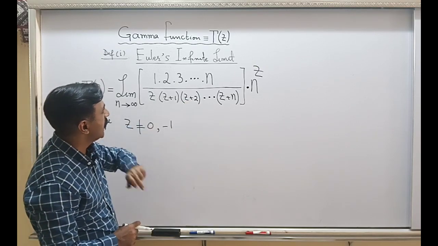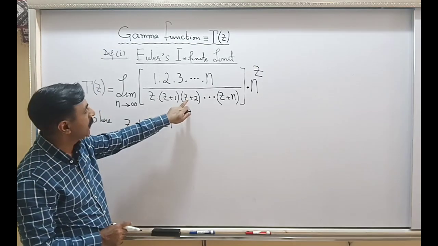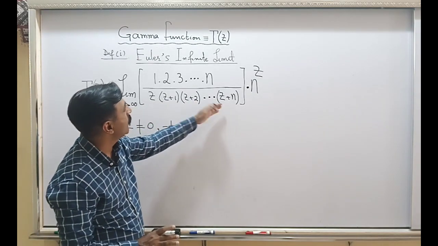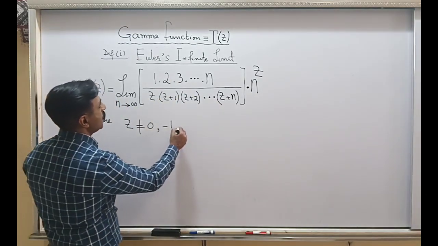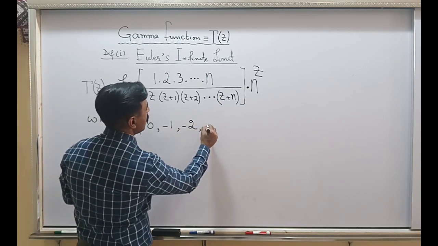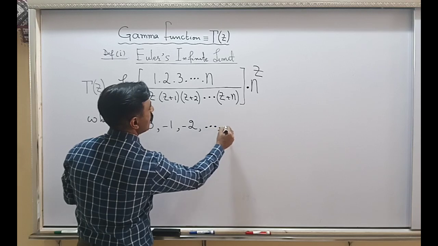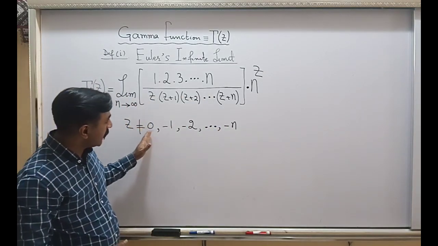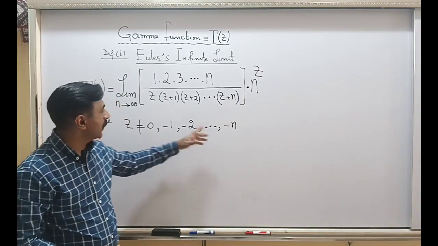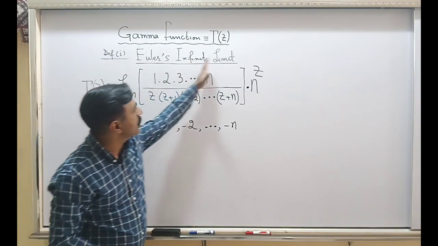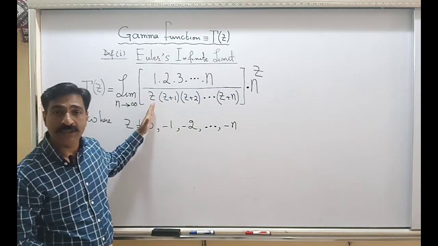Similarly, if z is equal to -2, -2 plus 2 will make again 0, divided by 0 will produce infinity, and we do not use this value. And similarly, dot, dot, dot, meaning so on, -n. Other than these values, whatever real number you use for z, this function is a finite function.